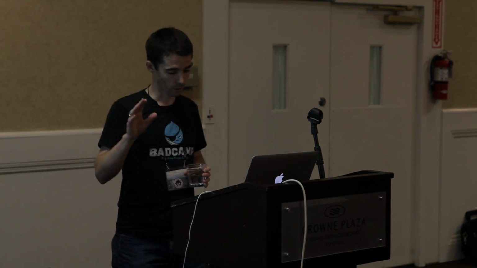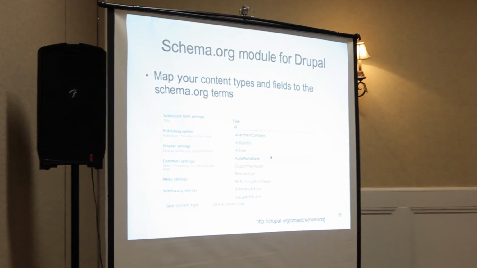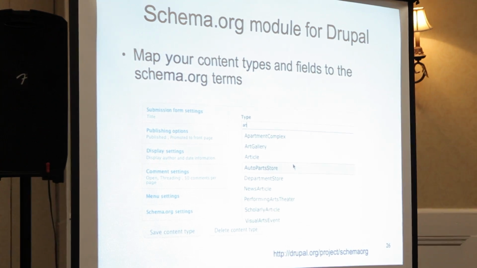So there's a module in Drupal 7 and also another one for Drupal 8 that lets you tell Drupal, when you're looking at a content type, what Schema.org type it really is. So, for example, you can see examples here like art gallery, article, department store, news article.